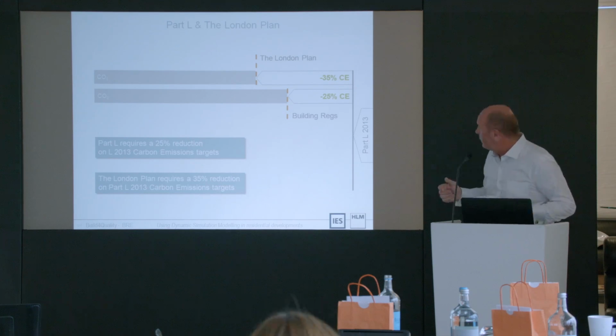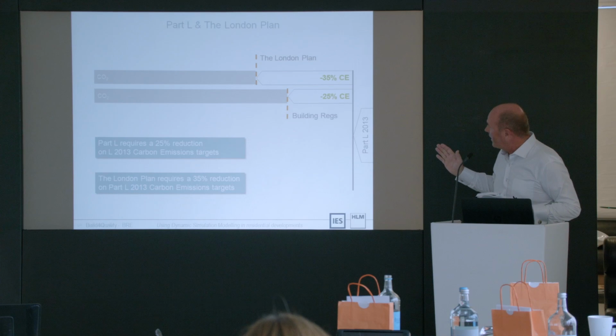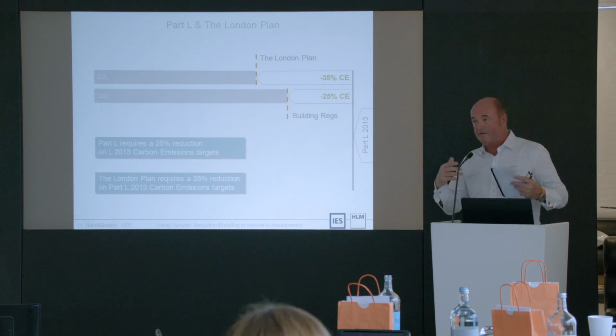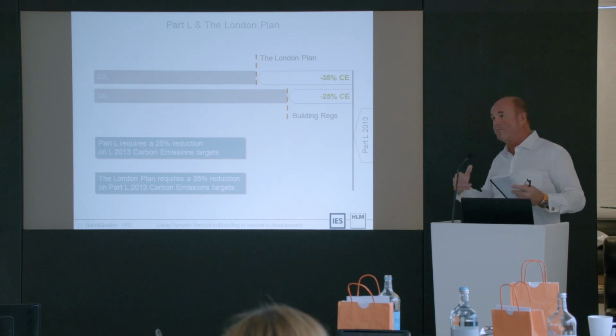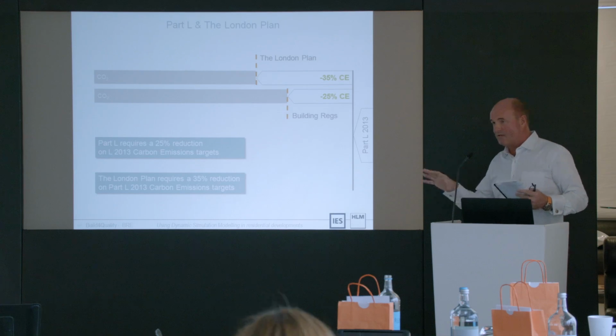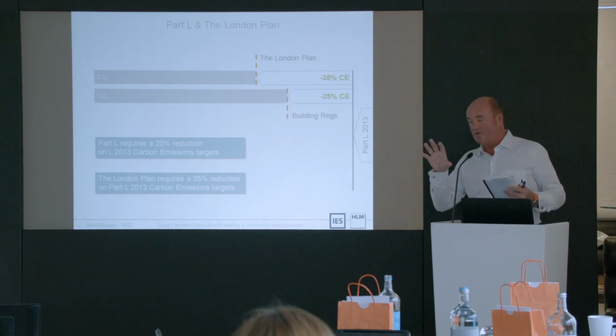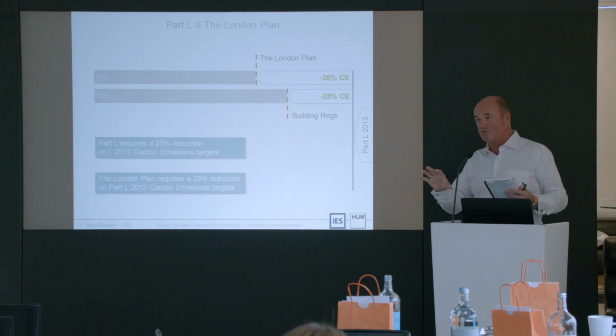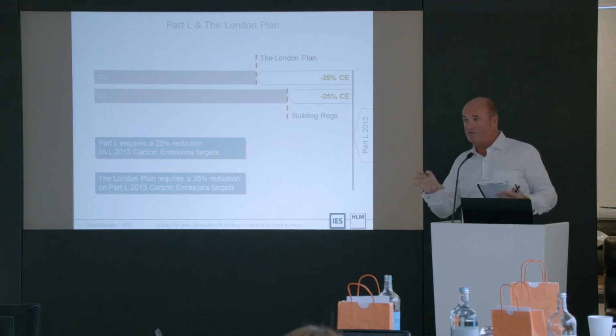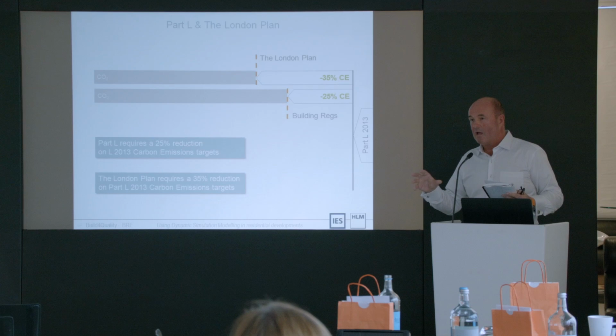What we do find is that in the residential sector at the moment, unlike the commercial sector where you can use dynamic simulation already, you're only really allowed to use SAP.